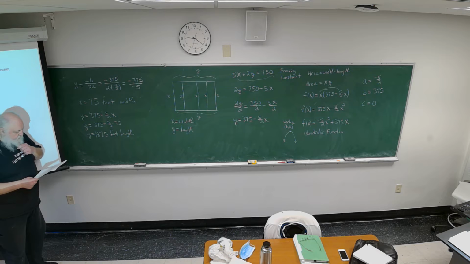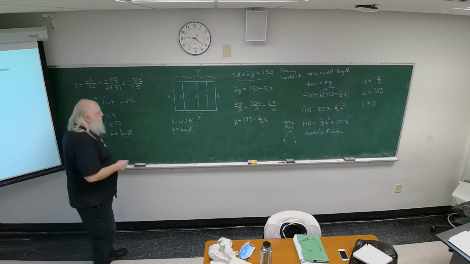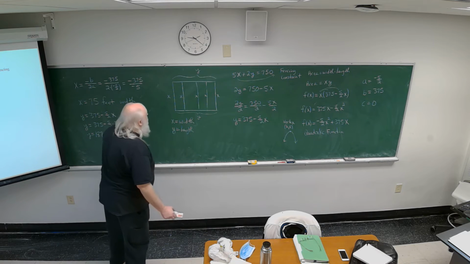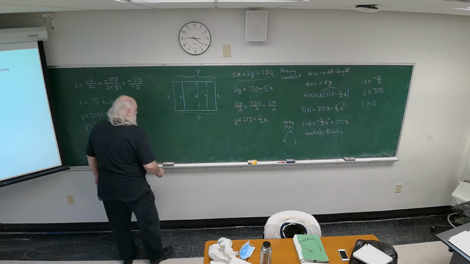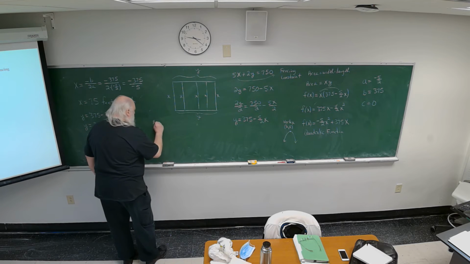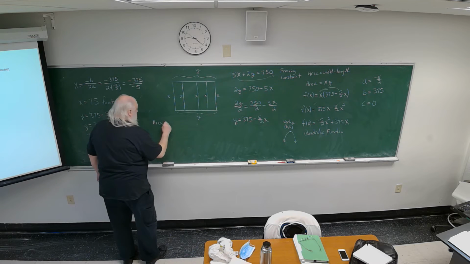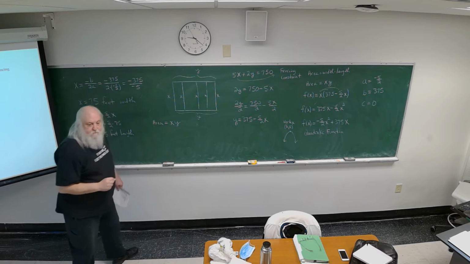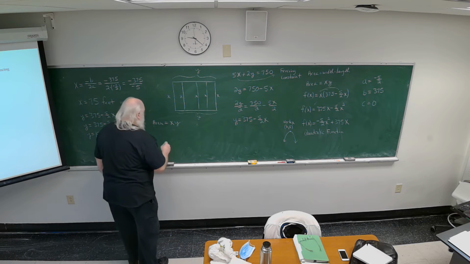What is the largest possible total area of the 4 pens? Well, area, as we already wrote it up over there, is equal to x times y. What's x? 75.